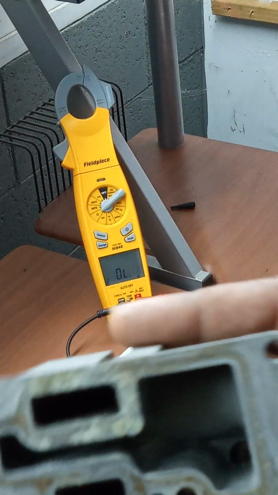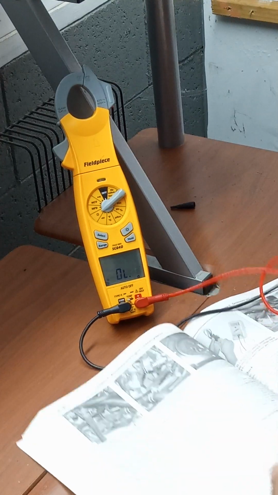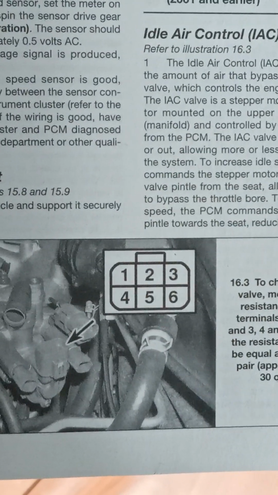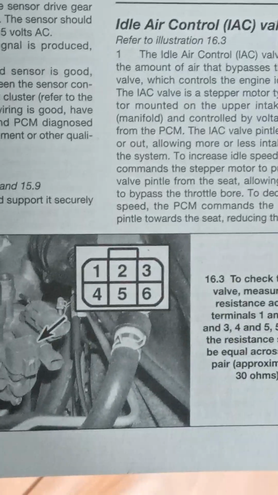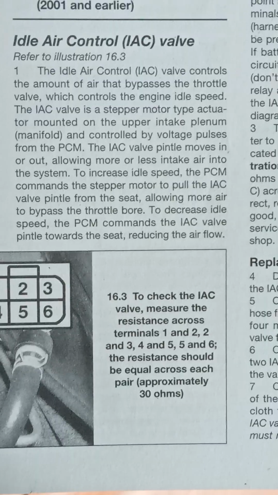Okay? Now, we're going to go over this check real quick here. So like I said, you got 1, 2, 3, 4, 5, 6. All the ohms should be approximately the same.